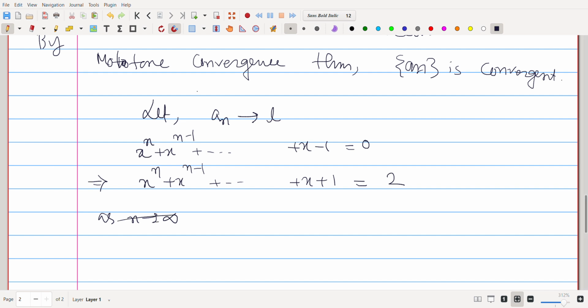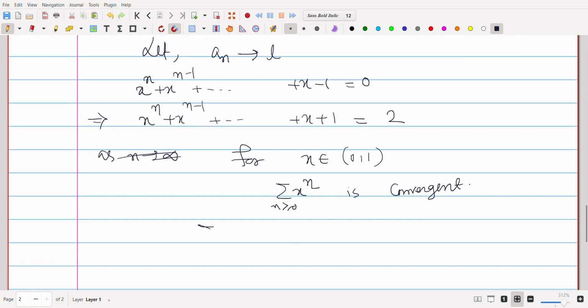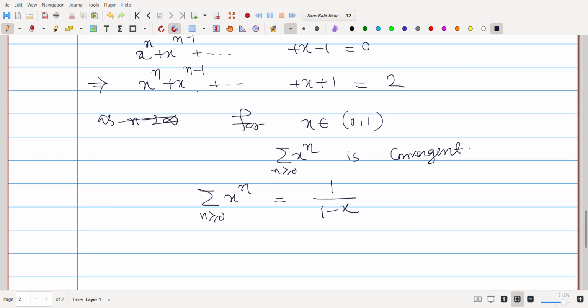So for x belonging to (0,1), the summation of x^n for n greater or equal to 0 is convergent, right? And it converges, by the geometric series, to 1/(1-x).